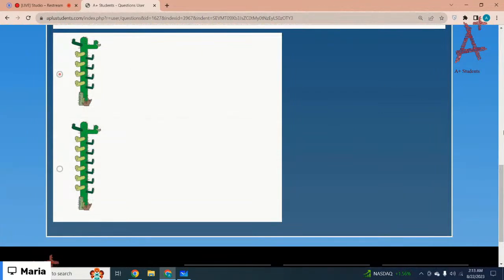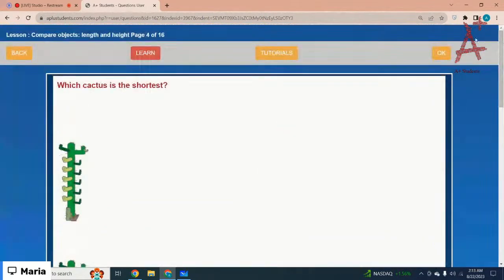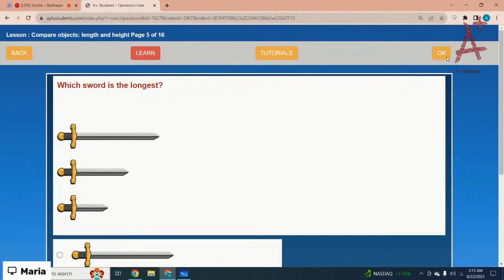So that would be the correct option. I thought longest one. Which sword is the longest?